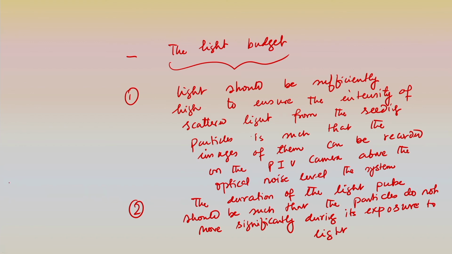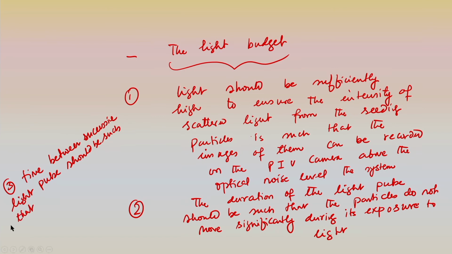And finally, number 3, the time between successive light pulses should be such that the flow field does not move significantly.